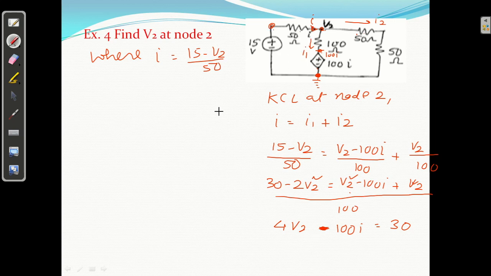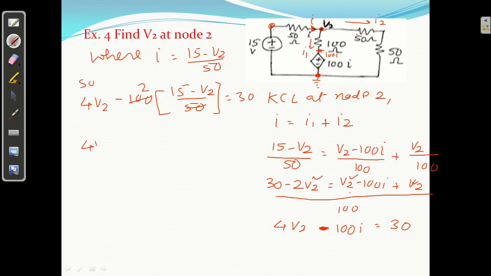So we will put this value here. 4 V2 minus 100, what is the value of I? 15 minus V2 upon 50, right? 4 V2 minus 100 I equals 30. So 100 upon 50 is 2.